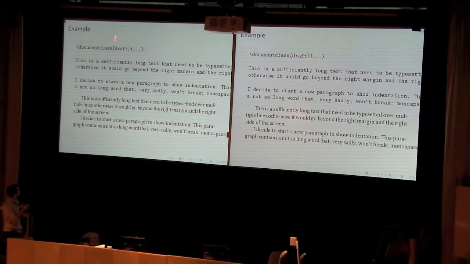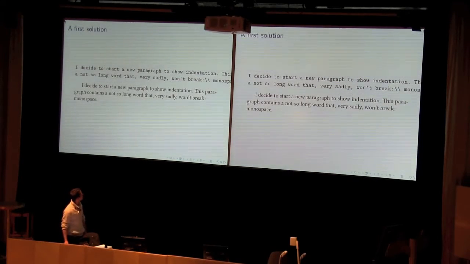So we add this, and what does it produce? It produces a little black rectangle that shows you when you have problems with lines. For example, here the line is too full, everything goes on the same line. There is a problem.